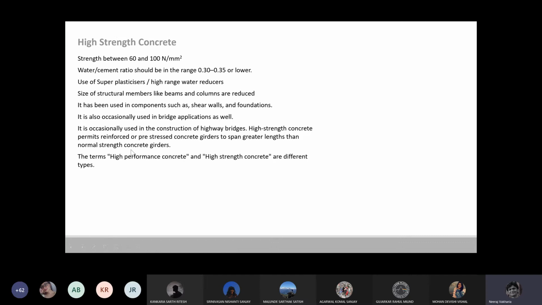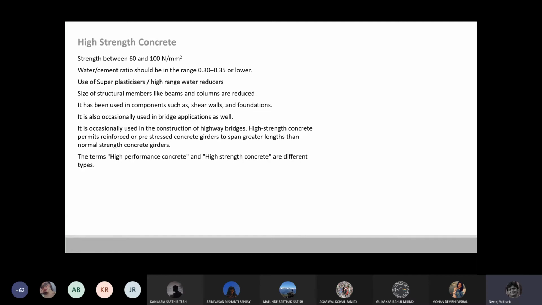High strength concrete can be defined as concrete with a specified characteristic cube strength which lies between 60 to 100 Newton per mm square. So basically M60 to M100 can be called high strength concrete.